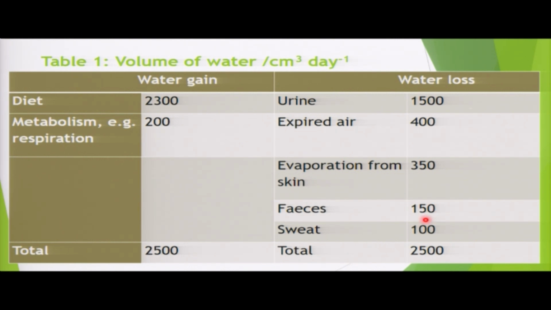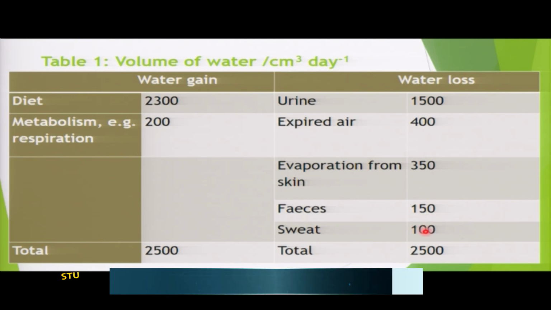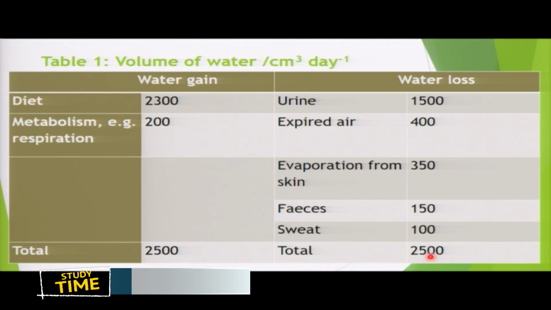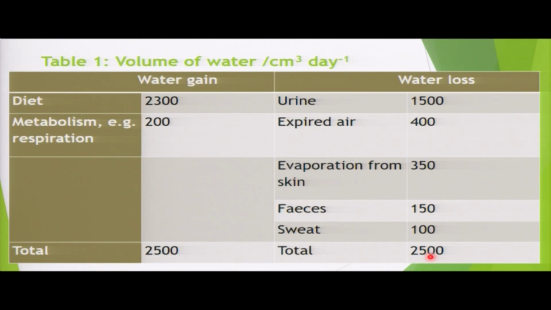Then during sweating, there is an amount of water which is equal to 100 that's going to be lost. Then the total is 2,500 centimeter cube of water which is going to be lost per day, which means the water gained has to be equal to the water that will be lost to balance.